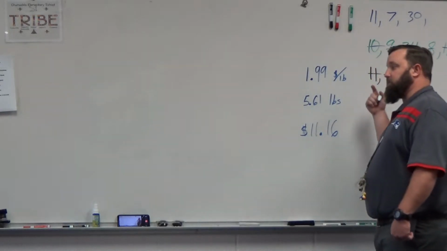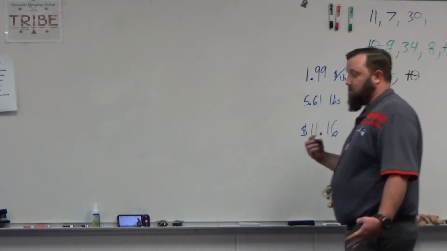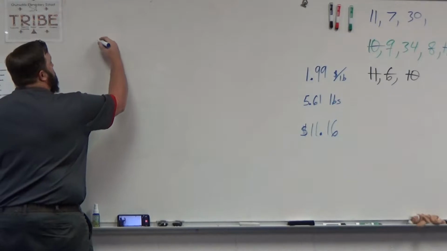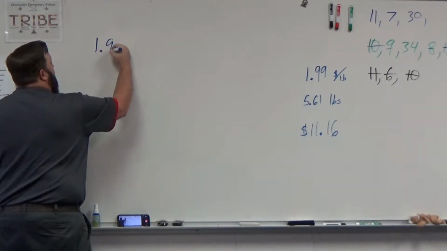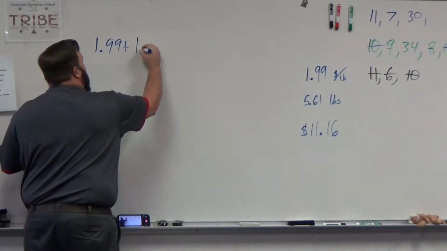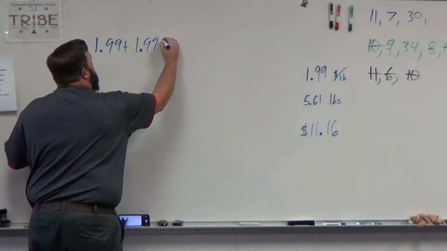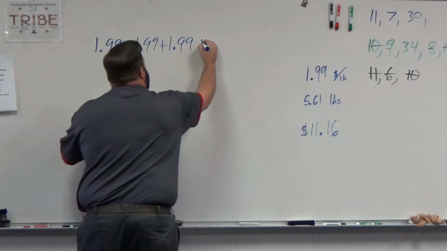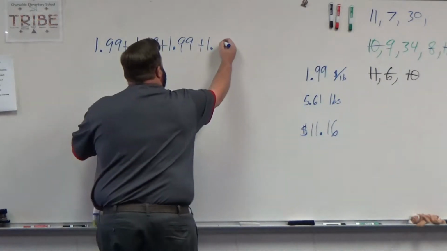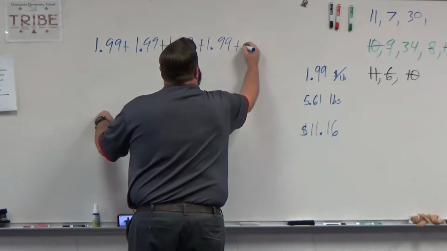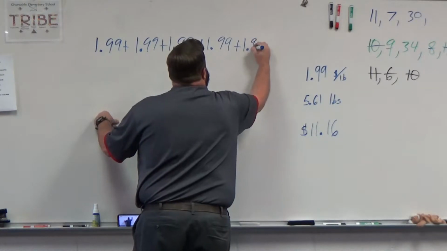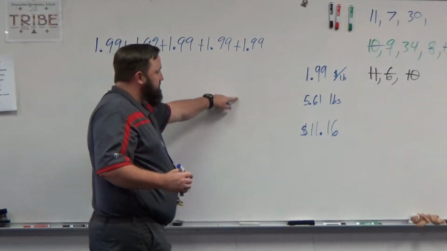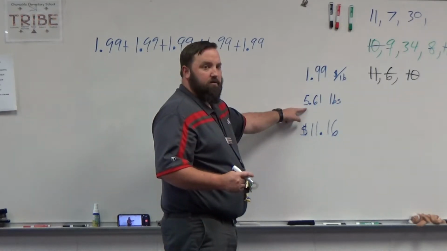Yesterday when we were talking about the 5 pounds of chicken, I said that because it's multiplication, we can do repeated addition: $1.99 plus $1.99 plus $1.99 plus $1.99 plus $1.99. That gets me to the 5, which is the whole number here.